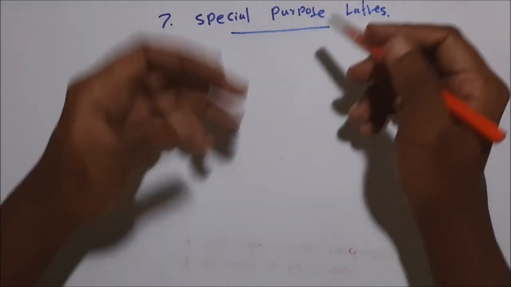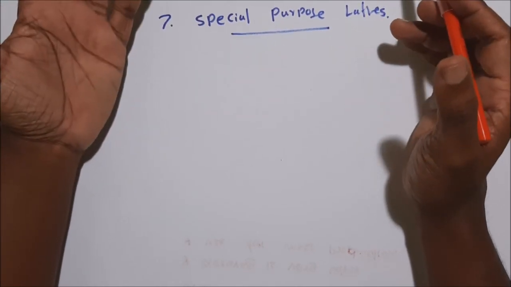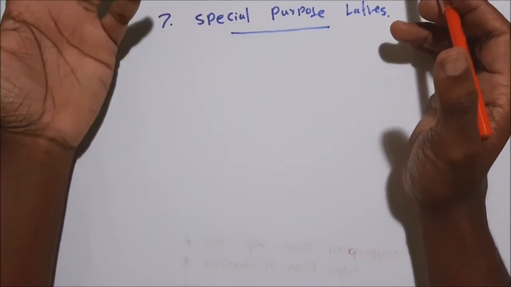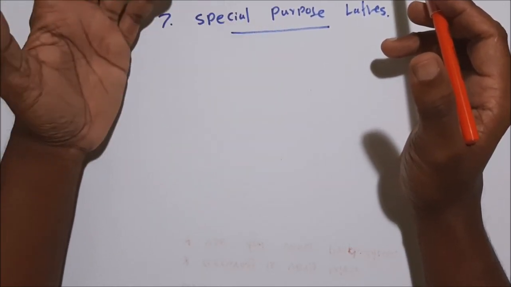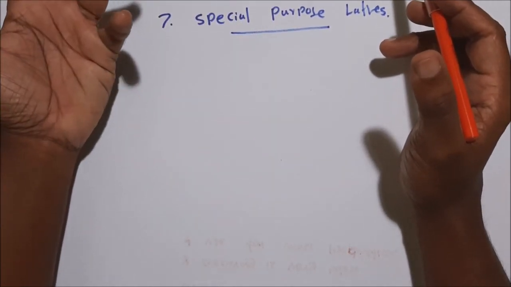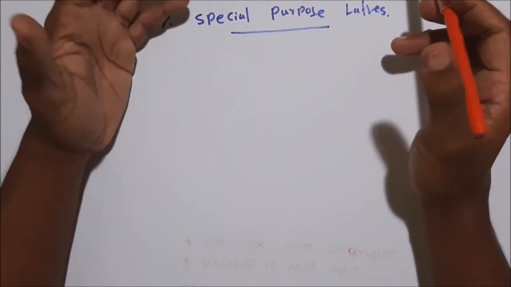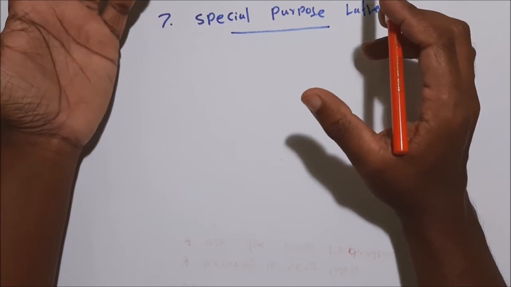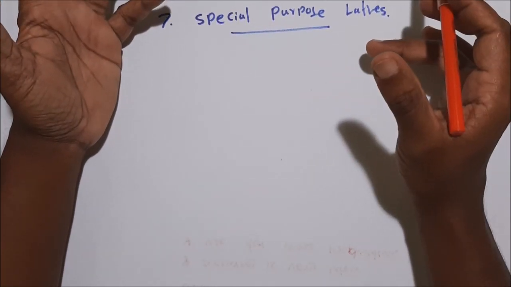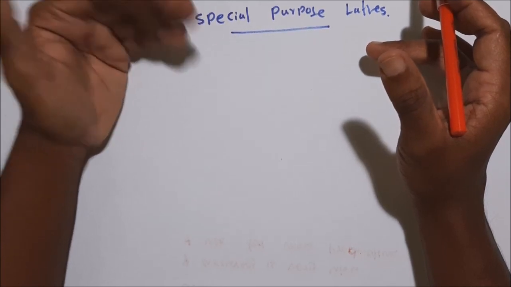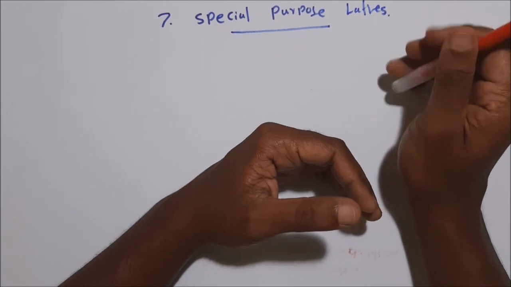Some lathe machines are designed to manufacture some specific workpieces, like the turbine shaft, the generator shaft, and the propeller shaft. Very large, lengthy lathe machines are required to machine these specific workpieces. These special type lathe machines are categorized under special purpose lathe machines.